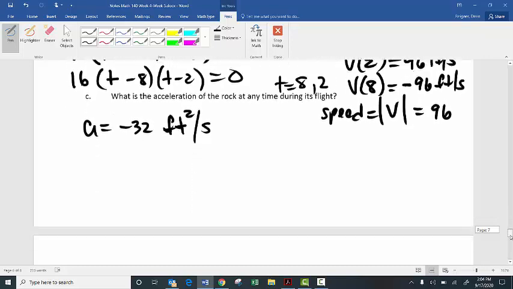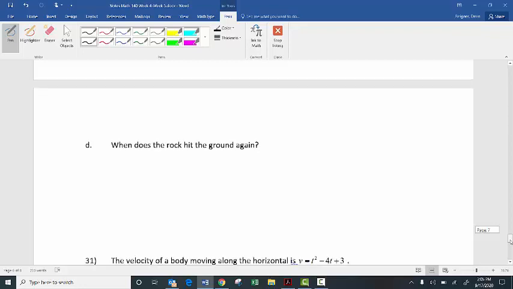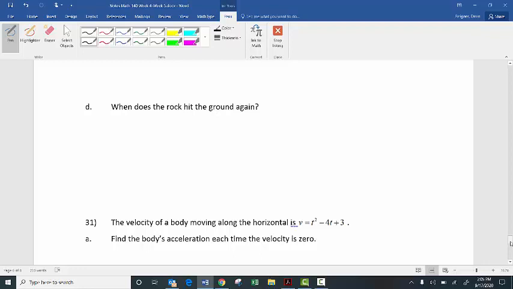Next one, it says, when does the rock hit the ground again? The rock's going to hit the ground again when the height is 0. So you're going to set the height equal to 0. The height function up above was 160t minus 16t squared.